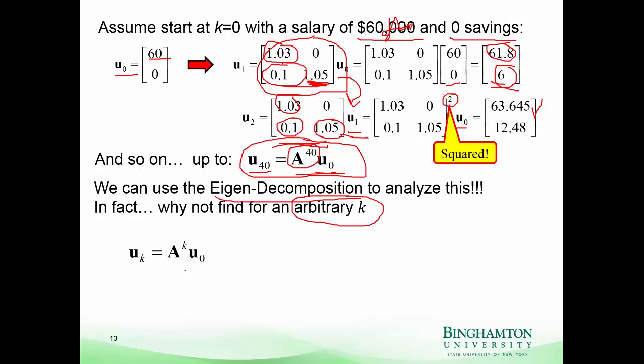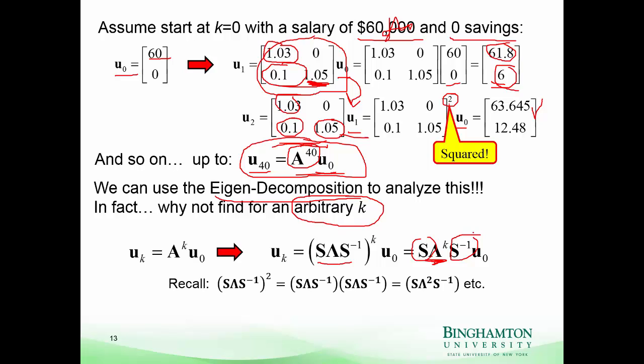So we want to know u_k is equal to A to the k times u0. But we know that A can be written as S lambda S inverse. And we've already argued that when we raise this to the power, what really happens is this diagonal matrix in the middle gets raised to the kth power, and the S's just stay as they were.